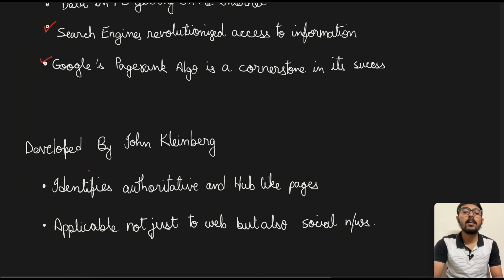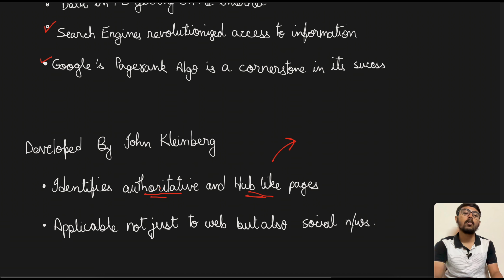We are not just talking about web searches, but also social networks and citation networks and more. For example, consider a blog telling about nearby children's activities versus a website which actually belongs to a kids' amusement center. The first one, the blog, is what we call a hub-like page. It contains information that redirects to the actual authority page. The second part of my example, the website of a kids' amusement center, is the authoritative page.